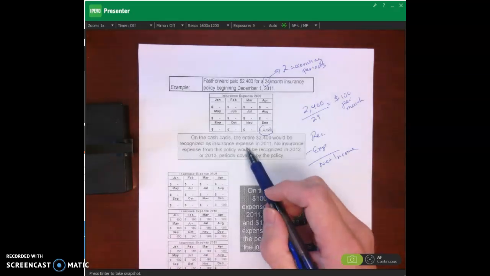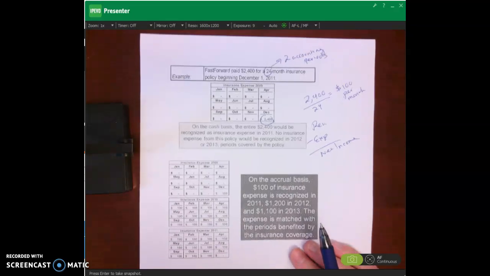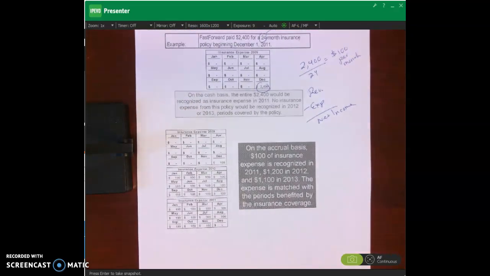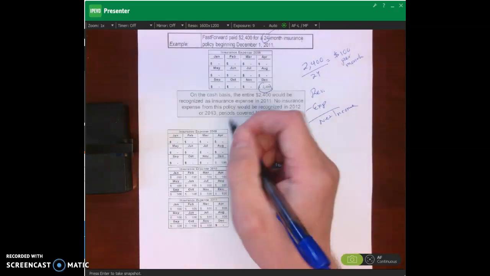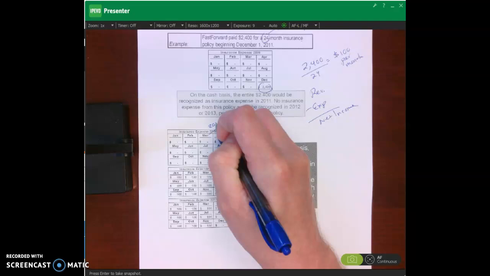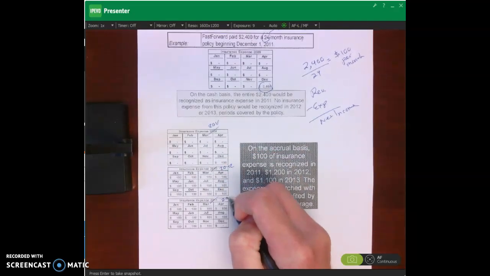This is not consistent with GAAP. In terms of accrual basis accounting, which is consistent with GAAP, we would take a different approach. In terms of accrual basis, we would recognize $100, and this is supposed to be 2011, 2012, and 2013.